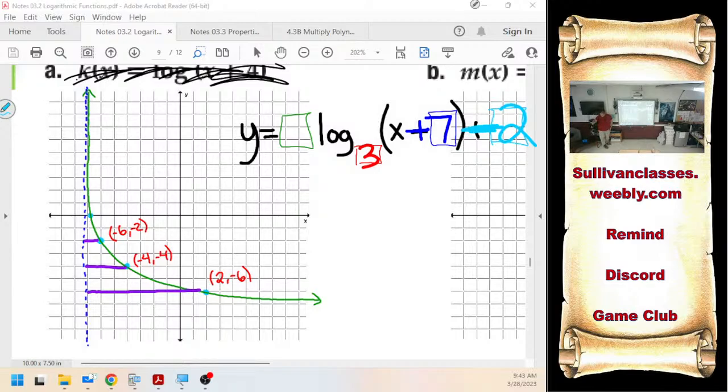And then it does move down 2, but then there's a spacing between each set of points by 2. So I also have a vertical stretch of 2. Both.